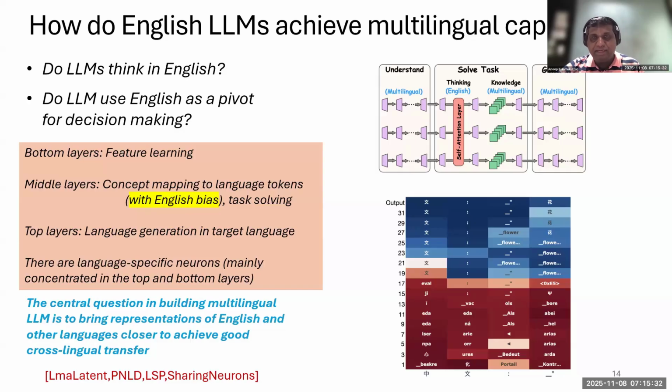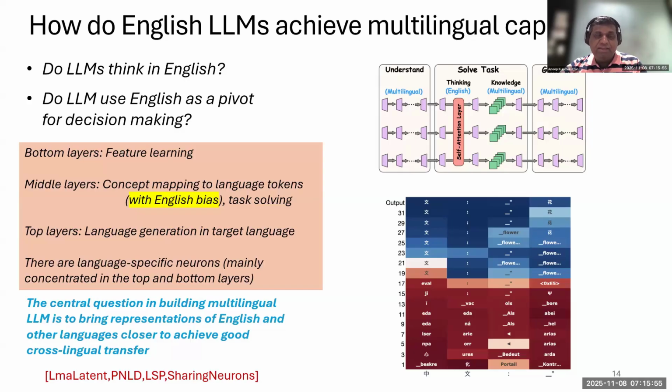But there is a clear bias toward English. If you look at the logits at the middle layers, it is very likely that the logits would be in English, which means the tasks are being solved in English. Whereas the top layers, since they have to generate output tokens in a target language, tend to start showing tokens in the output language.